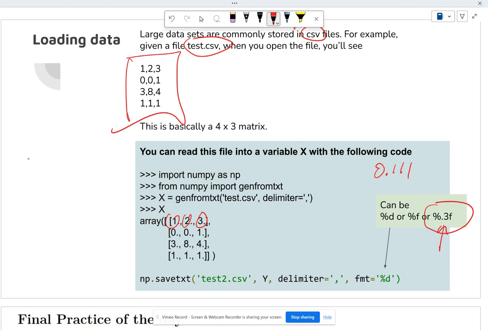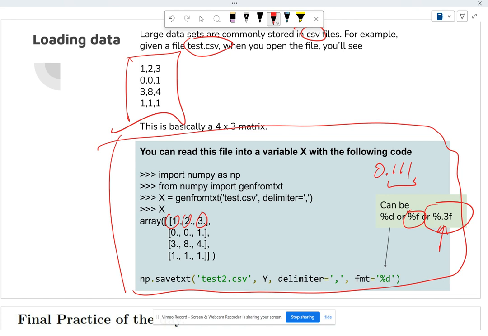So instead of the entire float, you can save only up to 3 digits after the dot. Okay, so this is how you can read data, manipulate data, and then save the data back out into some kind of file.